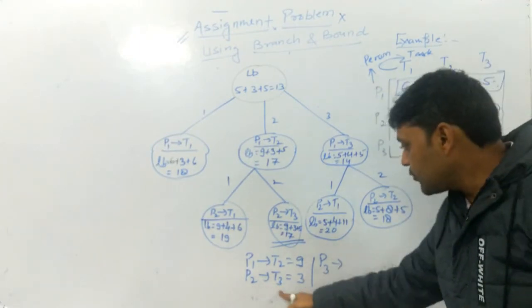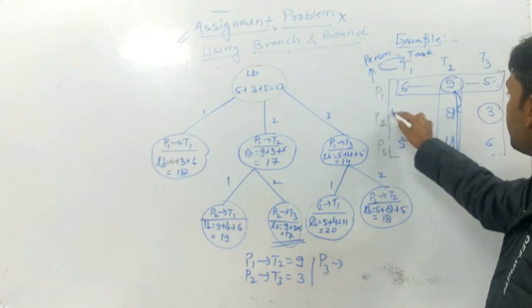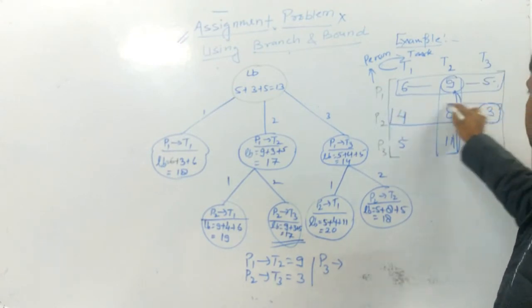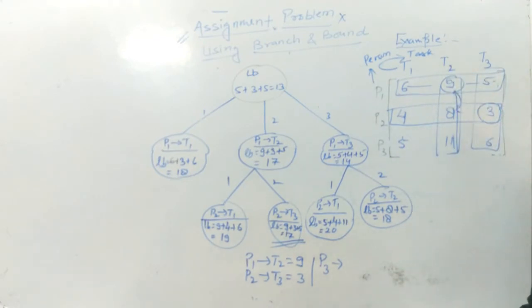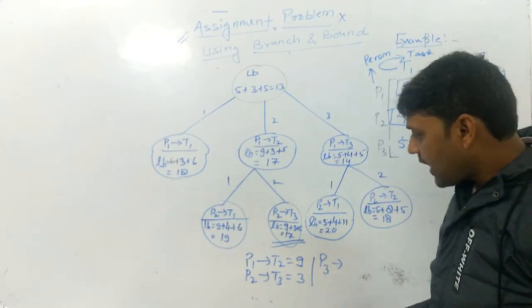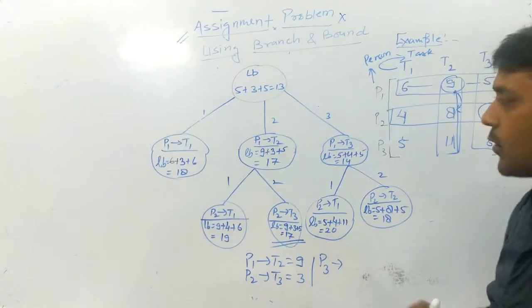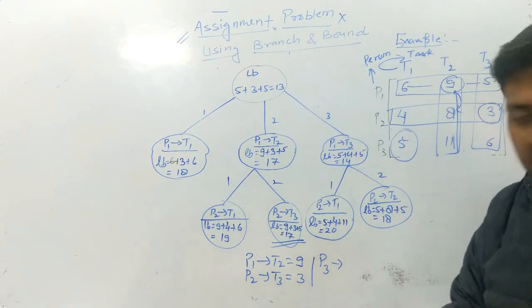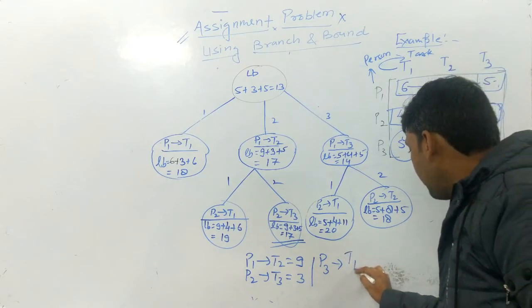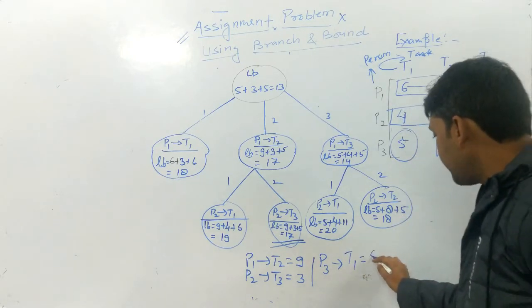And if P2 is performed T3, that means this row and this column are fixed. Then is it required to explore this node? No, because just one task is free. This is called T1, and its value is 5.